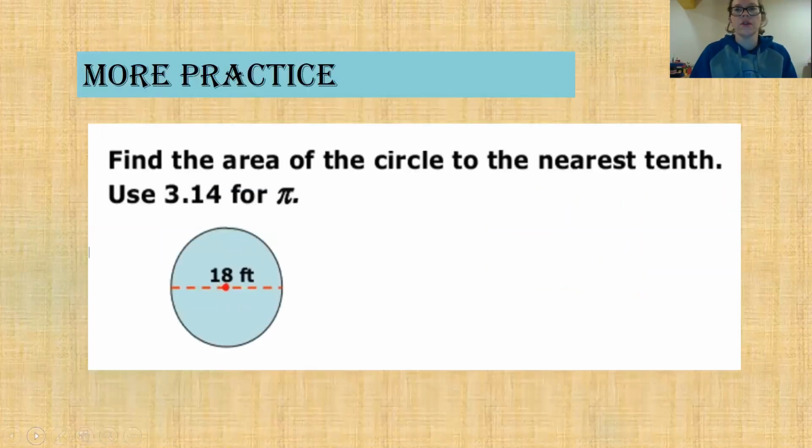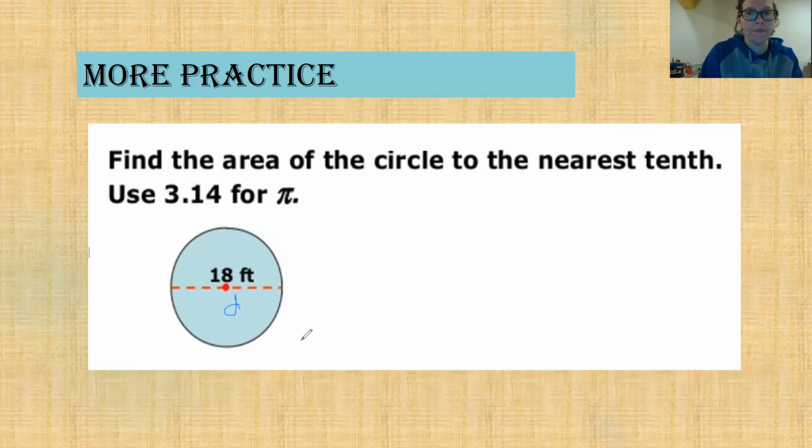All right. Here's some more practice. Again, you're finding the area of the circle to the nearest tenth using 3.14 for pi, and you have been given the diameter. So remember, this is the diameter, and you need to figure out the radius.